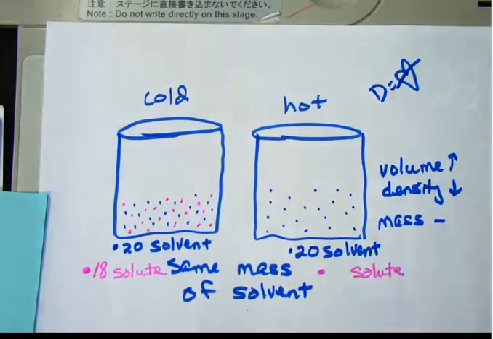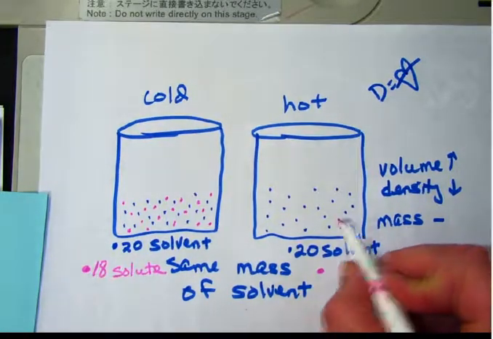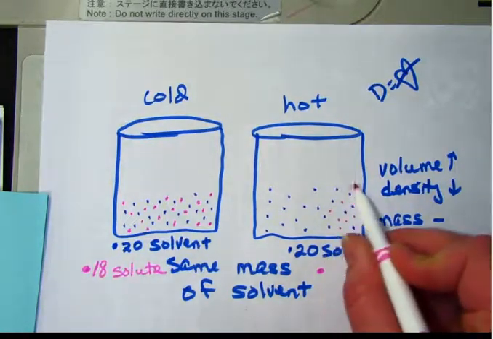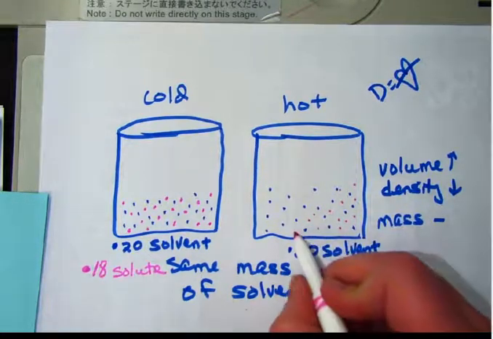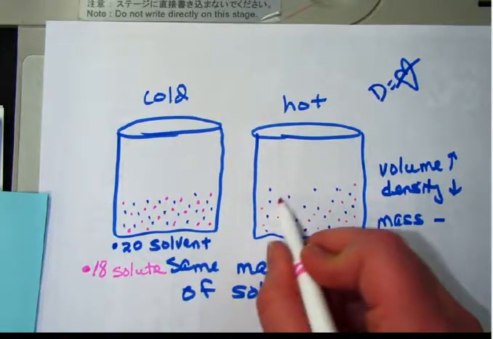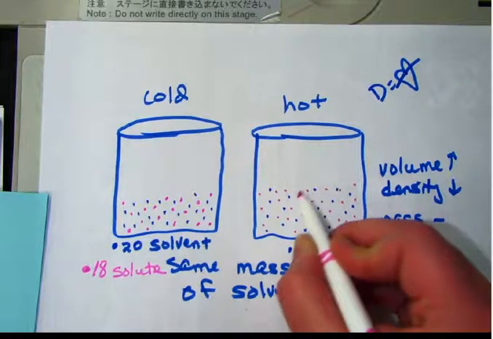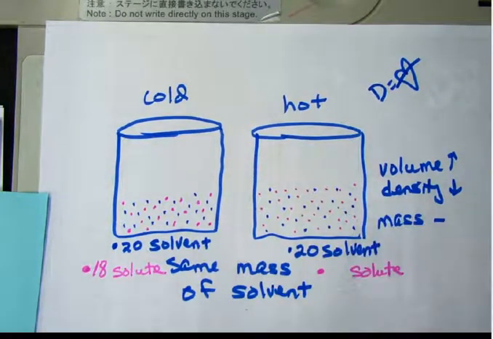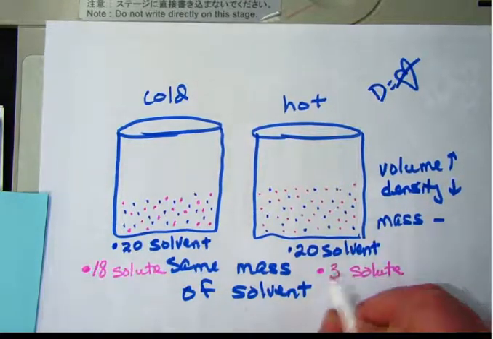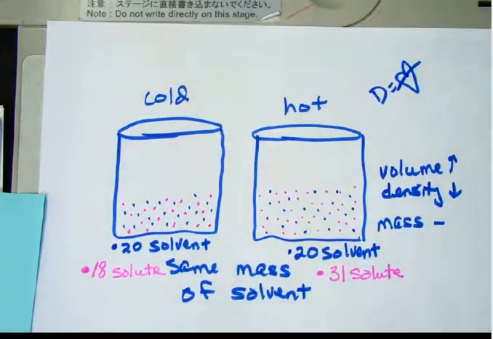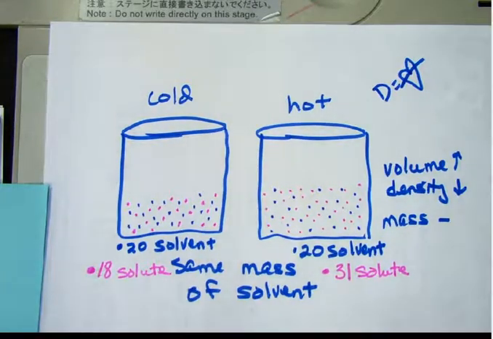But since there's more space between my solvent particles, we'll see what happens. I got 31 in that time. So more went into the solution at a higher temperature because there's more space there for them to go into.